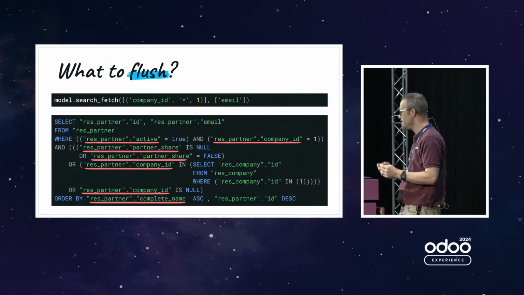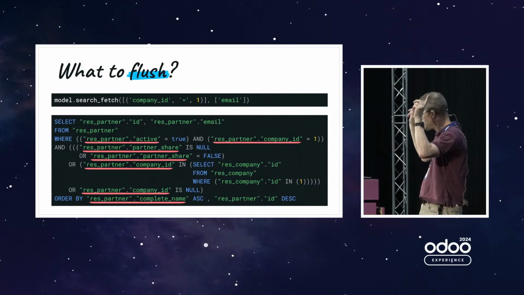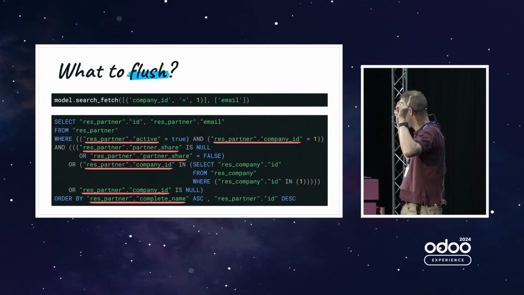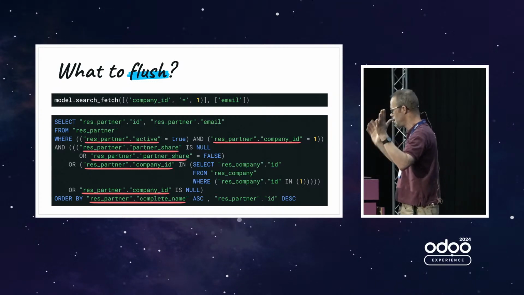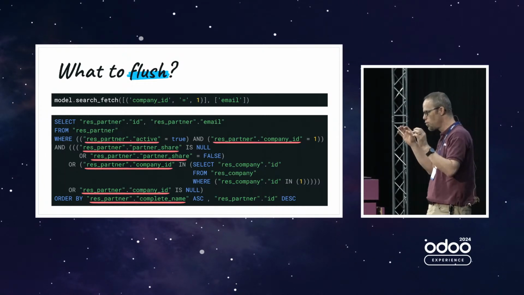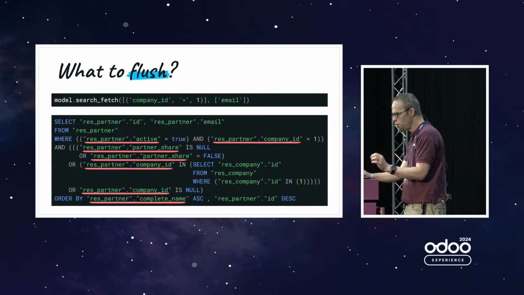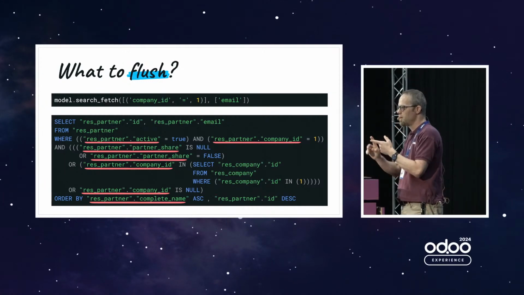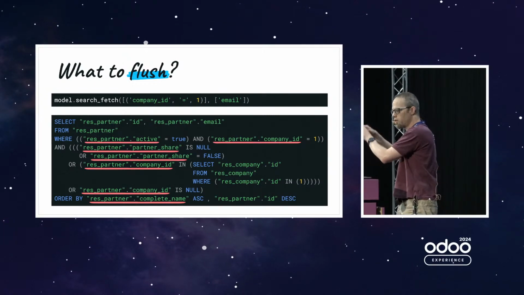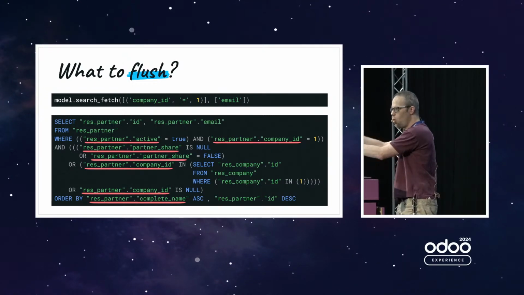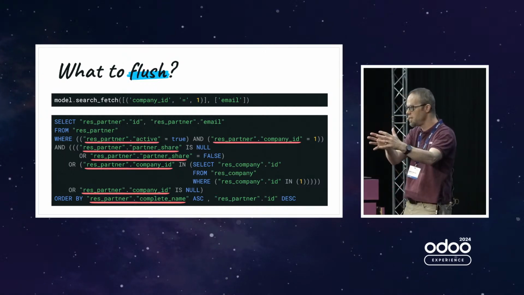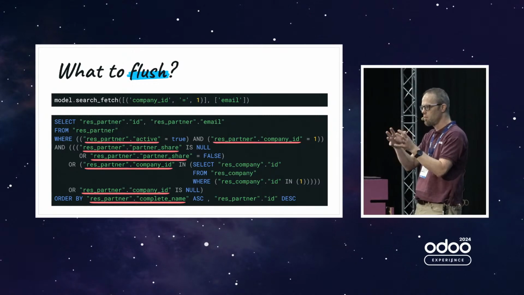And the question is, how do we determine all that stuff? And how do we make determining all that stuff more robust than it was in the past? In the past, it was implemented with a method called flush search. And flush search was problematic because it was not part of what compiles the domain, the order by, all those elements of the query, but it was something on the side, and it wasn't really modular.